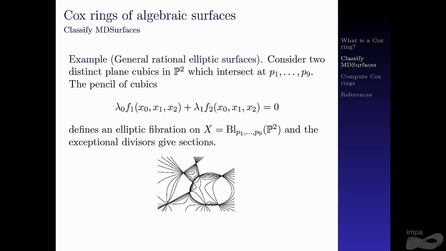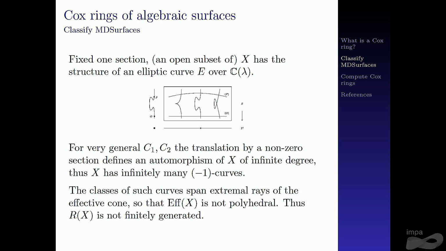So you have a picture like this. Fix one section, one of these exceptional divisors, and an open subset of the surface takes the structure of an elliptic curve over the function field C of lambda. So you can think of it as an elliptic curve over a function field. The remark here is the following. You fix one of these sections as the zero, as the origin of this elliptic curve.